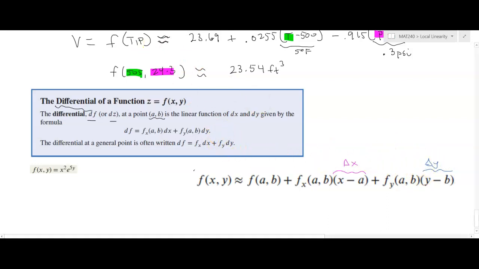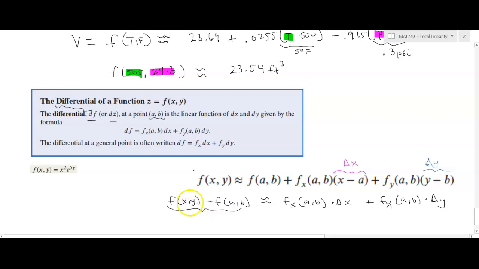Now, if I actually do one more thing here and I subtract over the f of a, b, I get f of x comma y minus f of a comma b is approximately equal to f sub x at (a, b) times delta x plus f sub y at (a, b) times delta y. Now, what is this quantity over here?